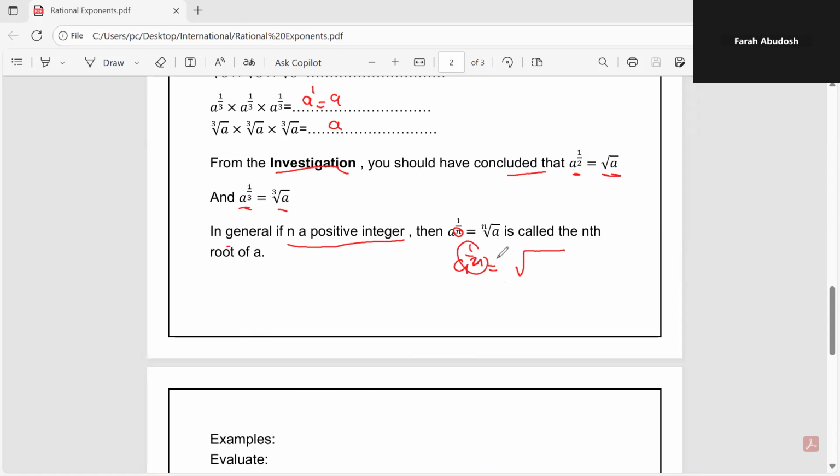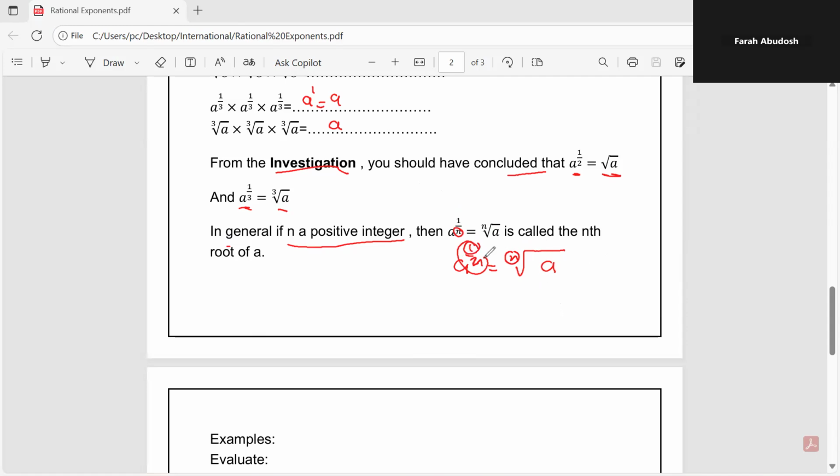The degree of the root is the denominator, and we put it right there. And the numerator is the power of a itself, because in the next section you will discover this. It is not mentioned here, but you will discover it later on.